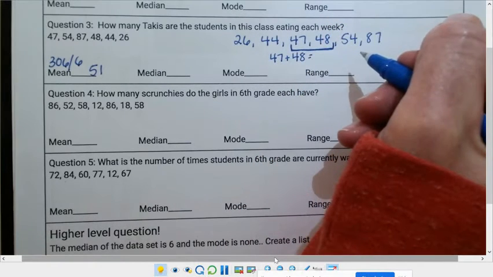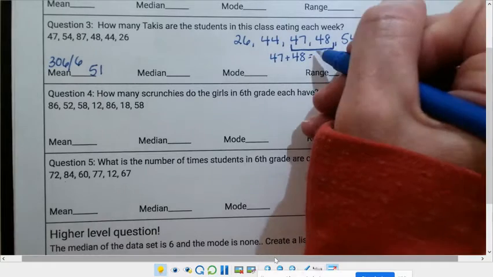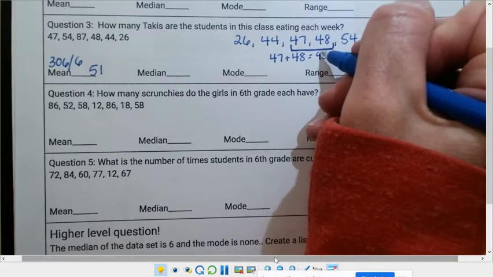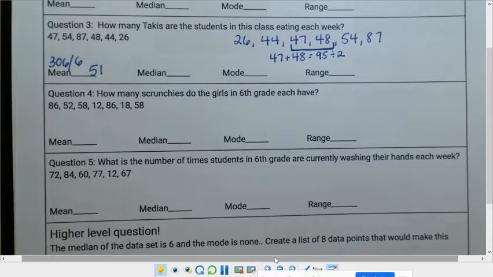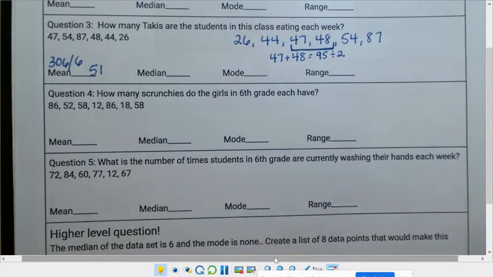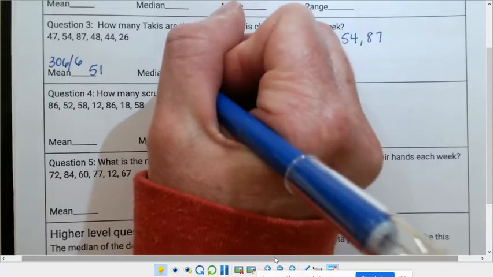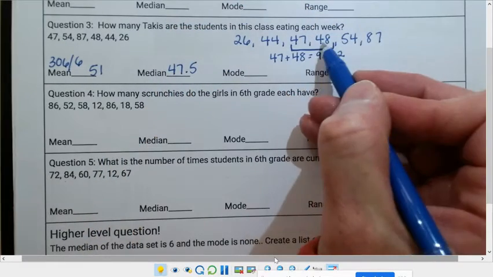If I add 47 and 48 together, I get 95. And then I divide that number by 2. That's going to give me the number that would come right in the middle of these 2 numbers. If I plug that into my calculator, I get 47.5, which makes sense because 47 and a half would come between 47 and 48.